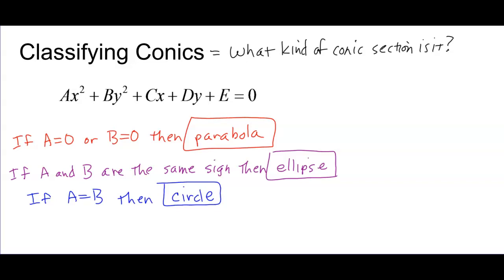And then the last possibility, the one that we just studied here in 13.3, is the hyperbola. And that works kind of like the reverse of what happened with an ellipse. A and b have to have opposite signs. So if a and b are opposite signs, then you get a hyperbola.